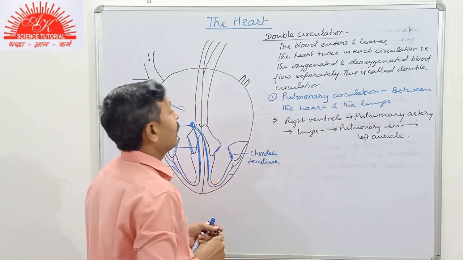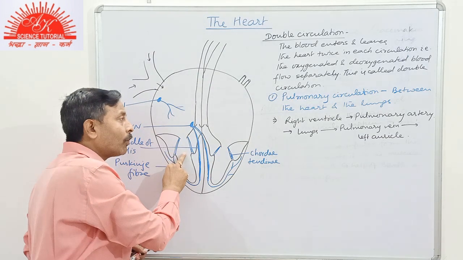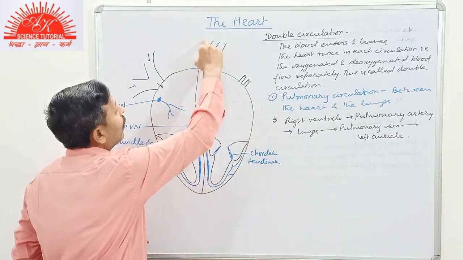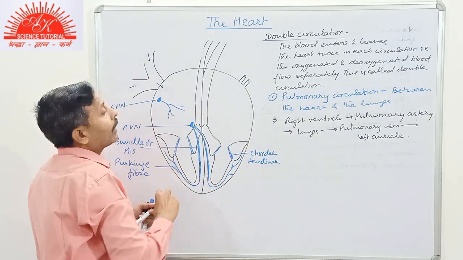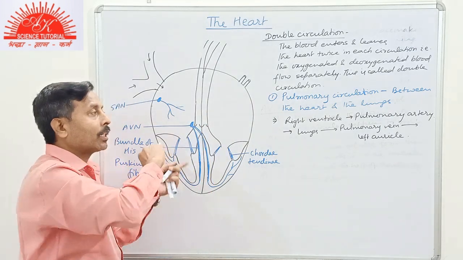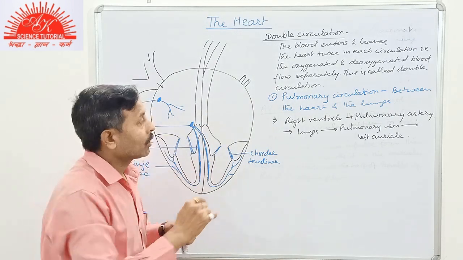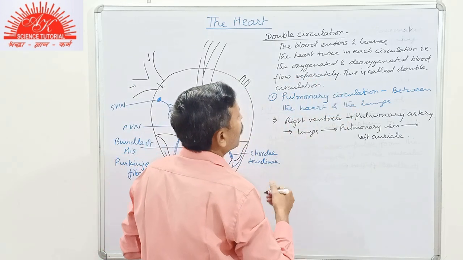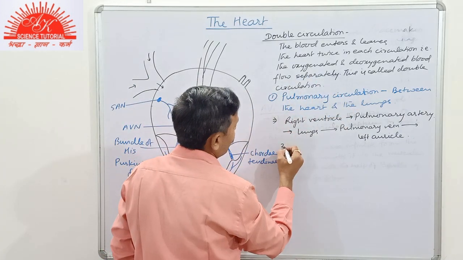That is, the blood starting from the right ventricle goes to the lungs and returns back to the left auricle. So it started from the heart and ends in the heart. So this is one circulation called pulmonary circulation.